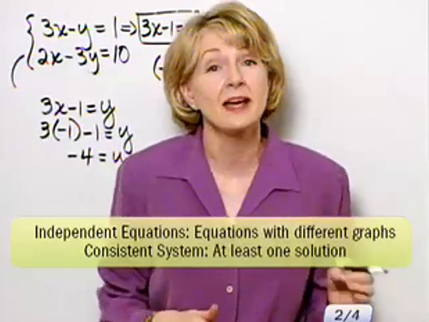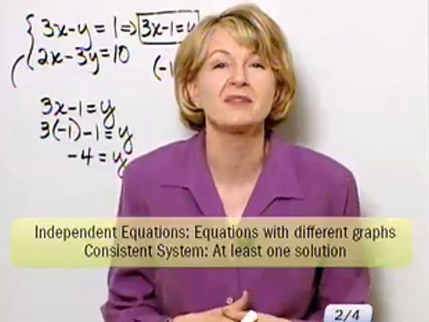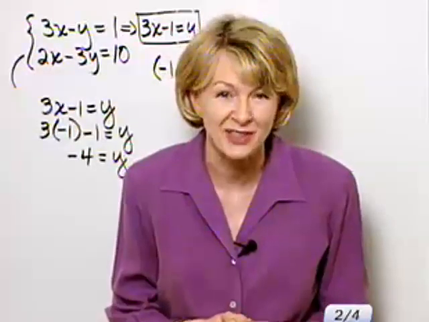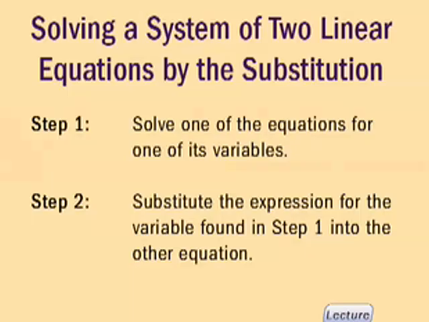Let's now look at some steps we can use to solve systems of equations by substitution. Step 1, solve one of the equations for one of its variables. Step 2, substitute the expression for the variable found in step 1 into the other equation, and that's very important. Substitute it into the other equation.